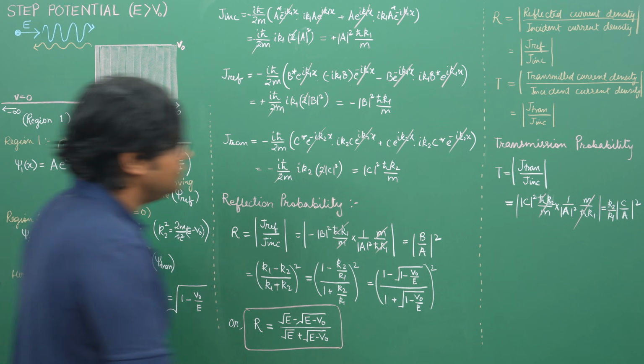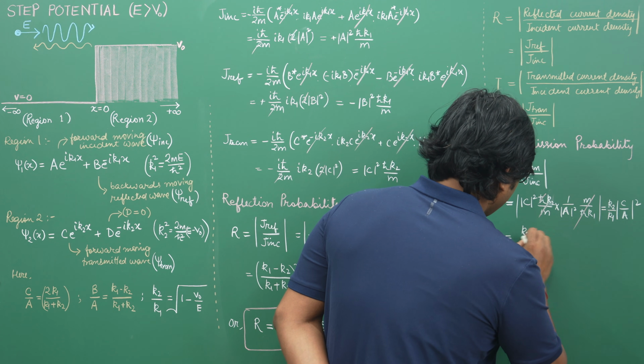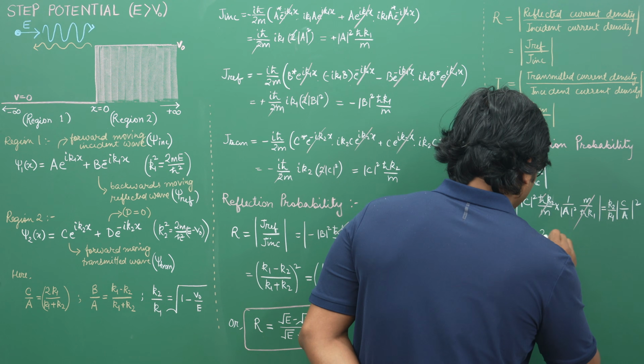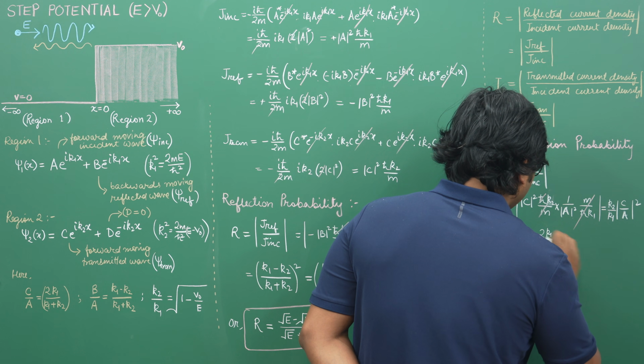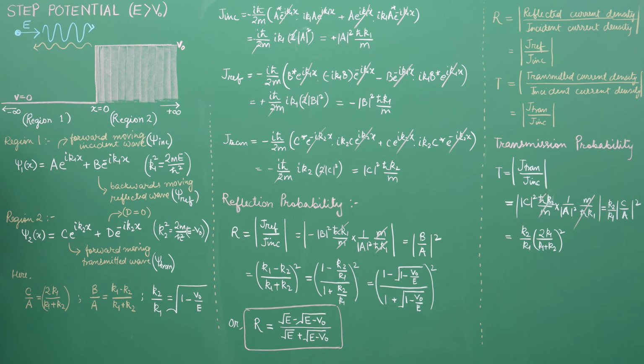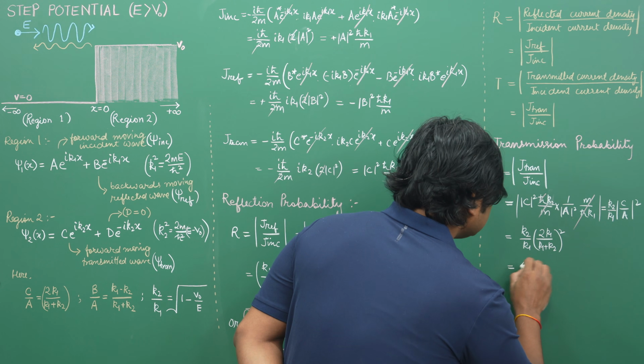So if I substitute this here, I end up getting k2 upon k1, and we have 2k1 upon k1 plus k2, whole square. All right, we can simplify this further by putting k2 upon k1 equal to this. So this comes out to be equal to 2 square, which is 4.